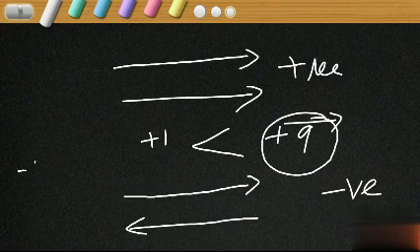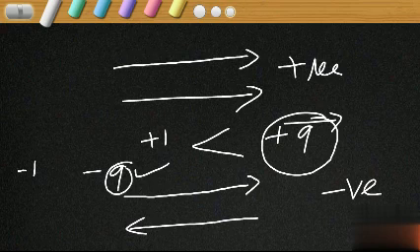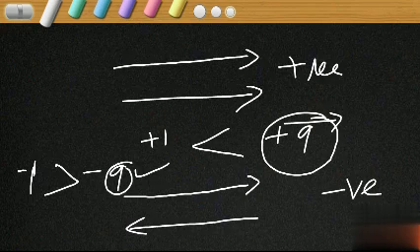So if we have minus 1 and minus 9, which is the number with greater magnitude? 9 is the number with a greater magnitude, but its value is less than minus 1. That means minus 1 is greater than minus 9, but plus 1 is less than plus 9. This is a very important result for comparing numbers.